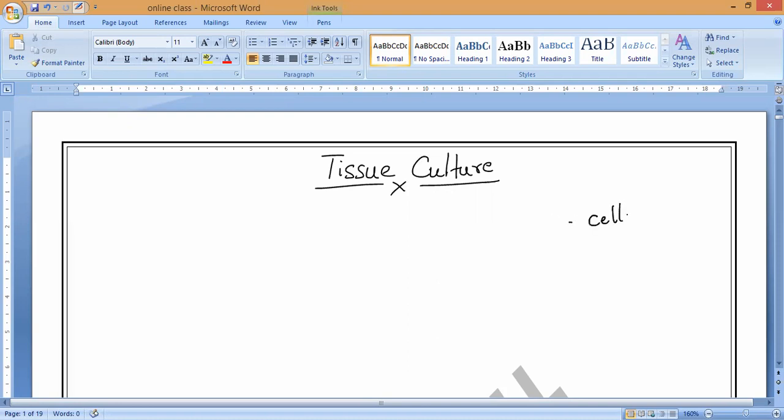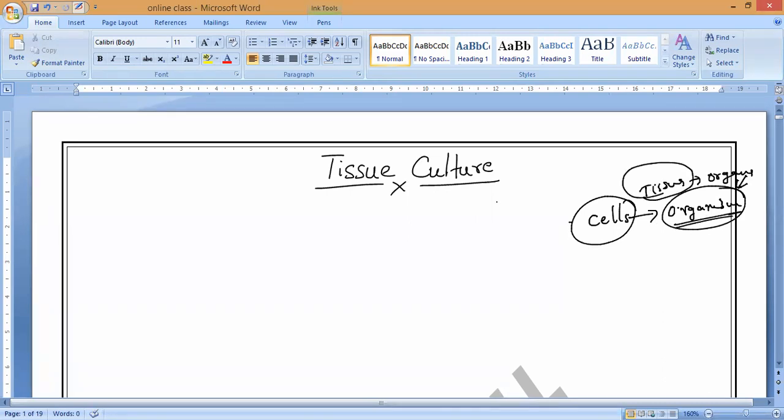A number of cells together form a tissue. These tissues combine together and form organs, and these organs form an organism. So a tissue is a group of cells. A group of cells combined together is what we call a tissue.